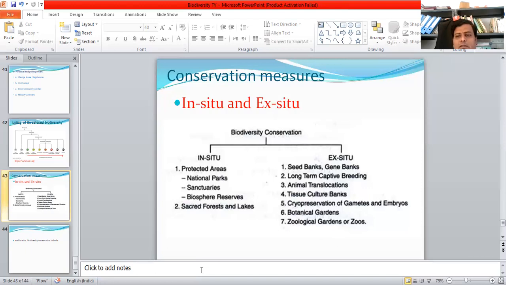It is bred in captivity, in natural reserves or zoos for animals, and for plant species with the help of botanical gardens. Zoological gardens, botanical gardens, and seed banks are examples.